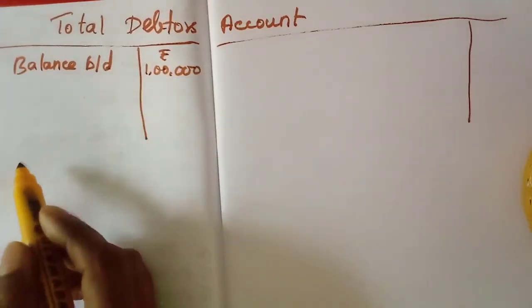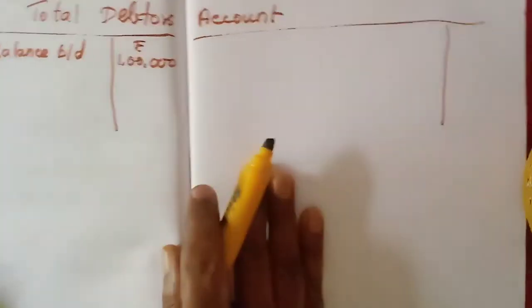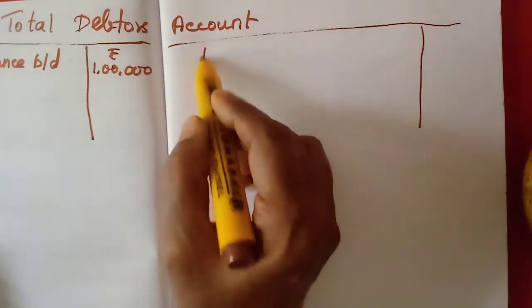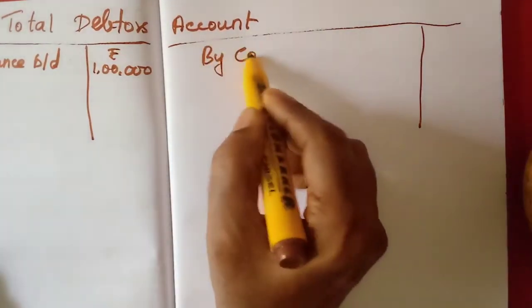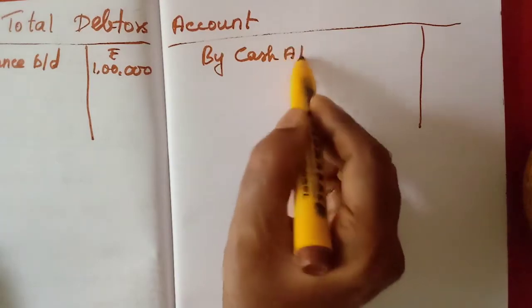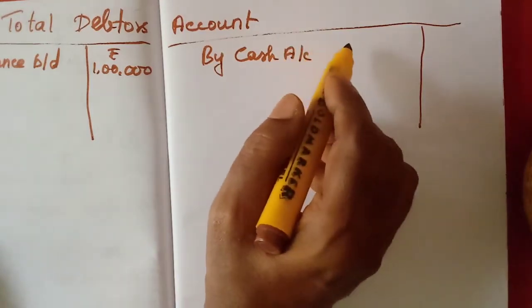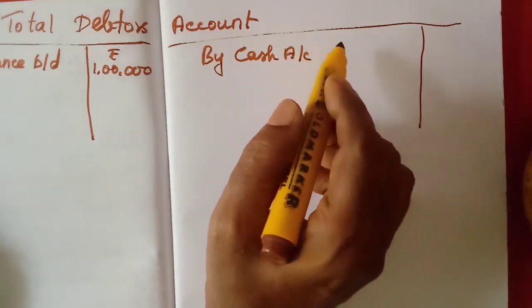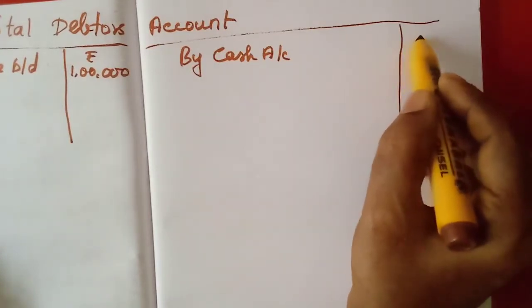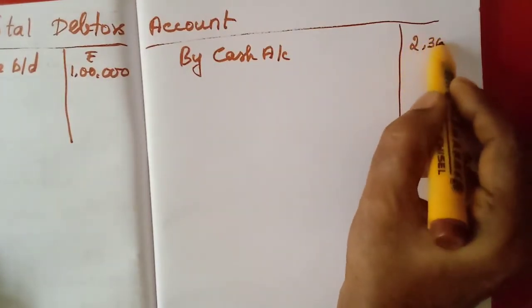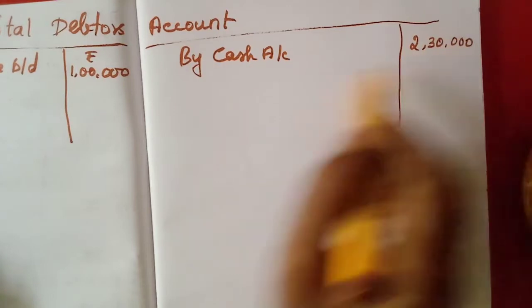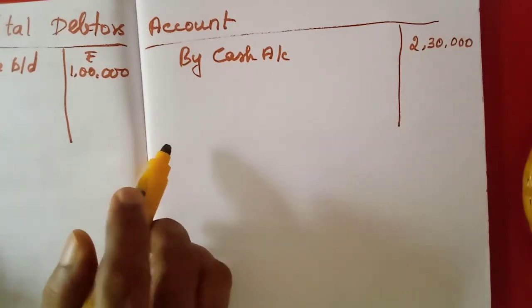The next one, cash received from debtors. So it will be on this side. Okay, by cash account, 2,30,000. Then discount allowed.